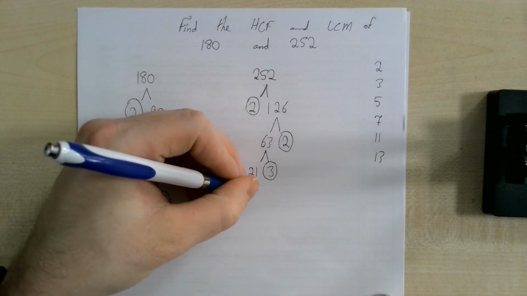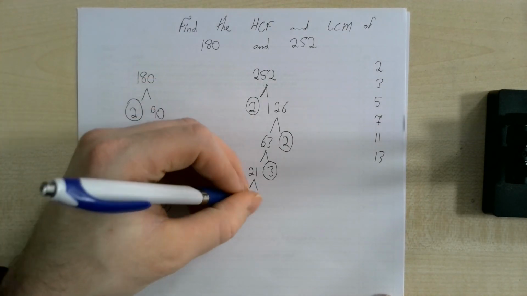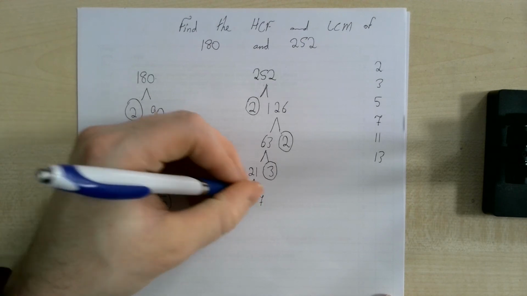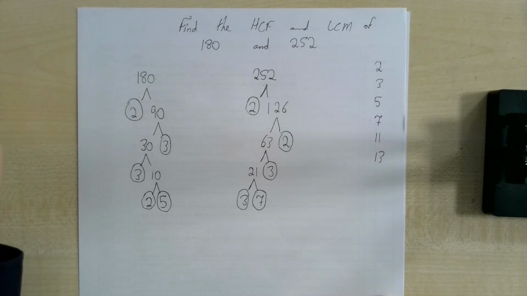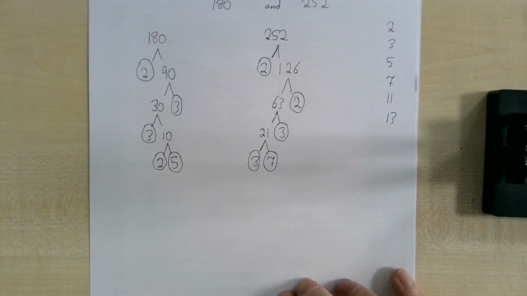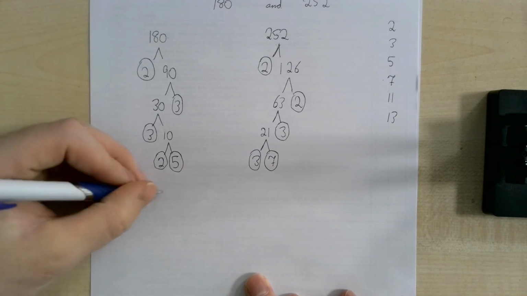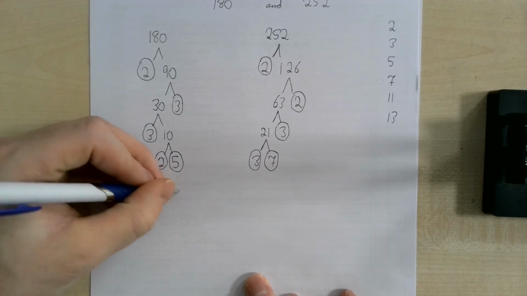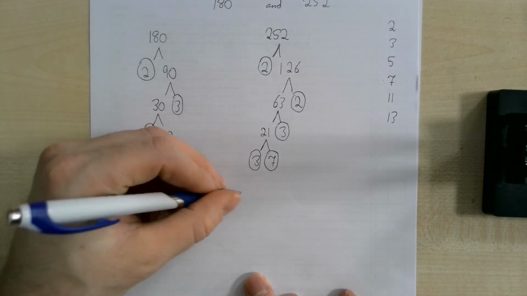21, again, can't be divided by 2, but it can be divided by 3. So it'll be 3 times 7. And circle both numbers, as both of them are prime numbers. Next step, writing each number as a product of its primes. 180 we know is 2 multiplied by 3 multiplied by 3 multiplied by 2 multiplied by 5.